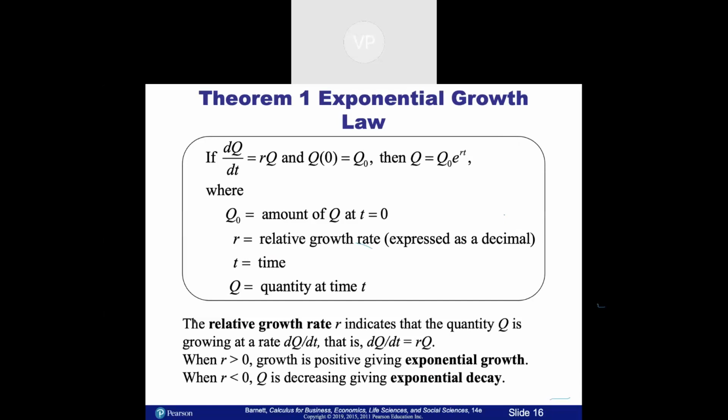What matters most here is the rate, the growth. When you have exponential growth, it keeps growing continuously as time goes on. When it's a decay, it's decreasing. What matters is the R, which will eventually be your power. If it's a positive number, it's going to grow. If it's a negative number, then it's going to decrease, and that's the decay.